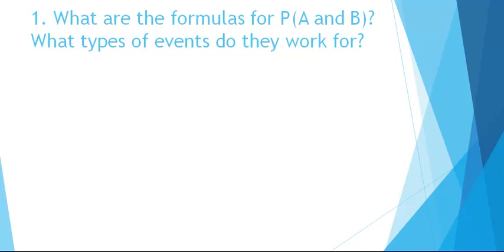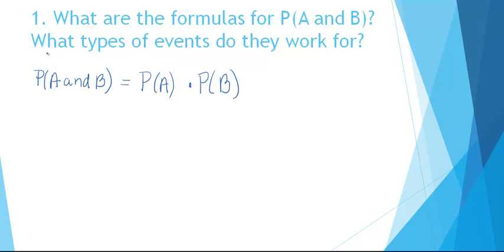Okay, I'm going to start writing these up. They can be written a number of ways. There is the formula we all know and love, the probability of A and B. The dot typically symbolizes multiplication, so this is the probability of A times the probability of B. And this is for independent events.